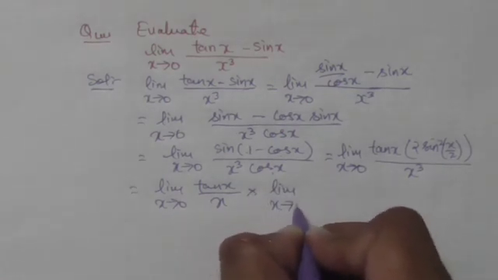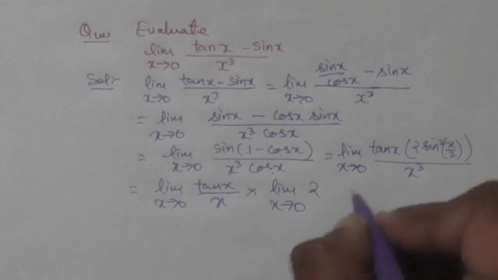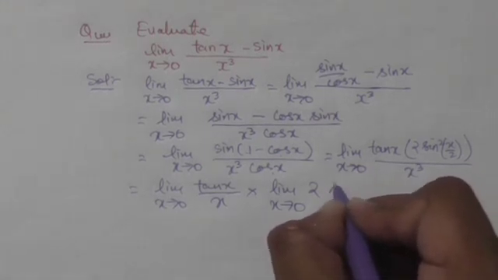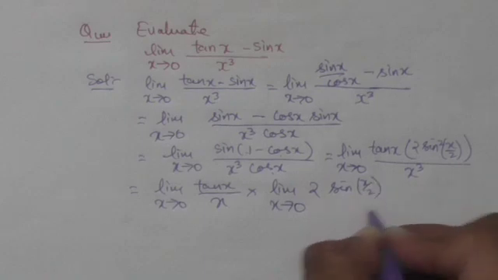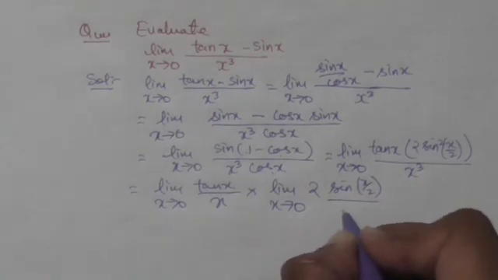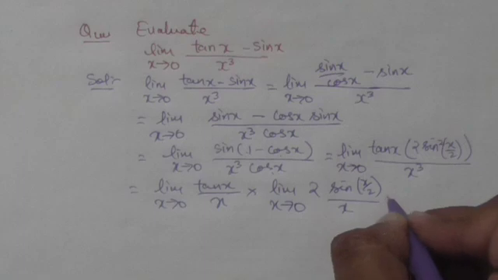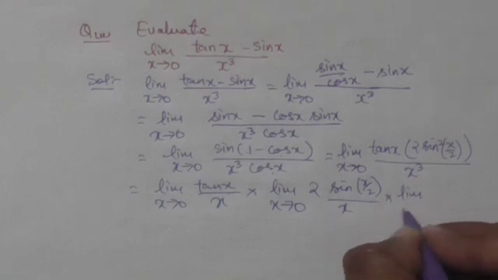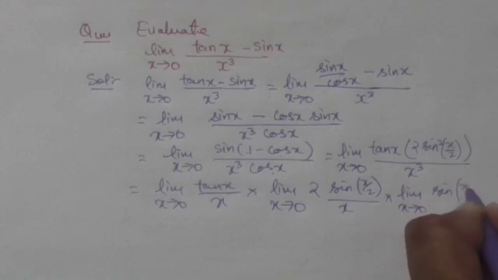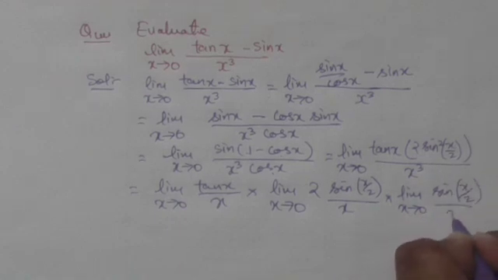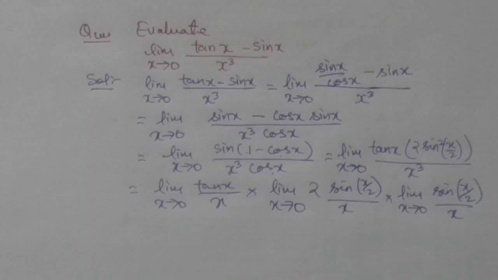x tends to 0 of 2 sine x by 2 upon x into limit x tends to 0 sine x by 2 upon x, right?